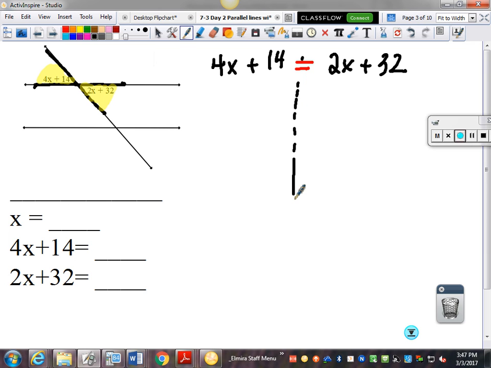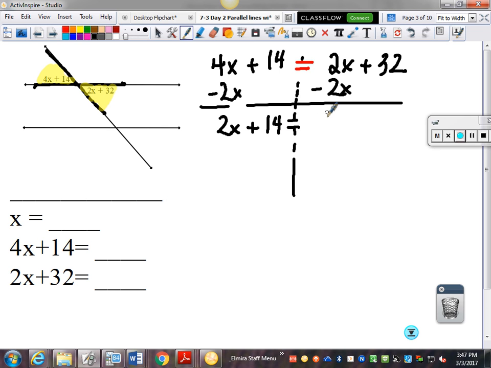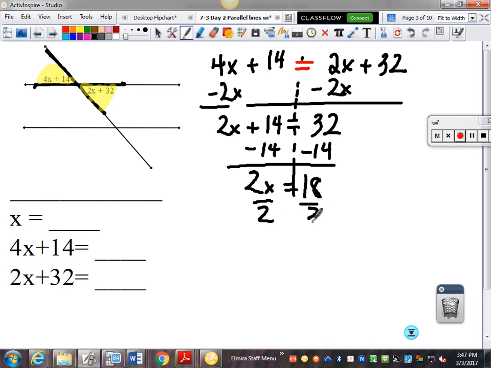Okay, so then I will subtract 2x off both sides. And get x equals 9.